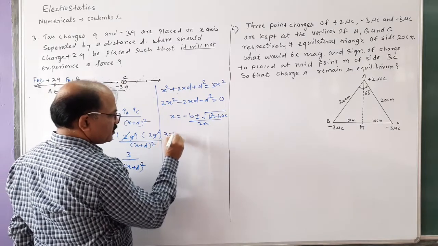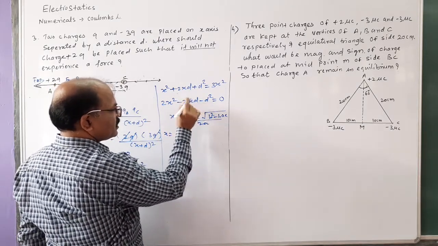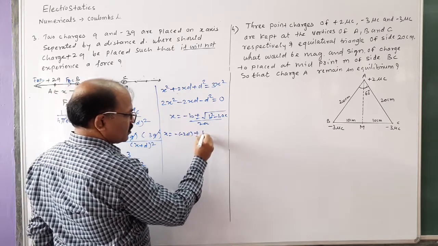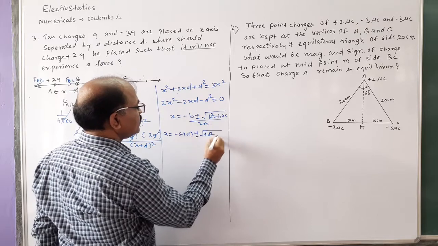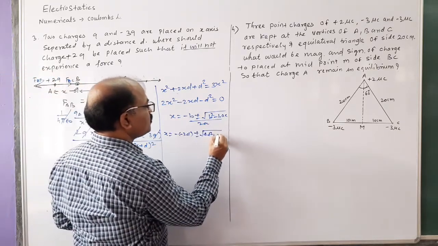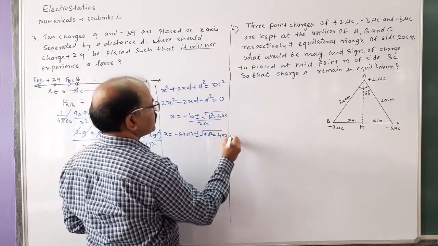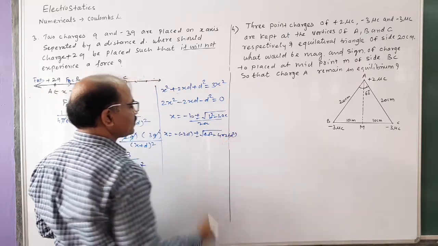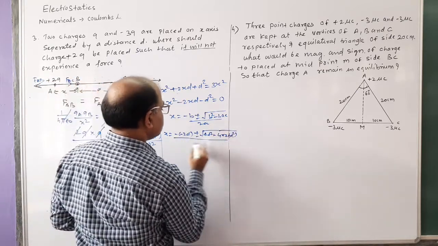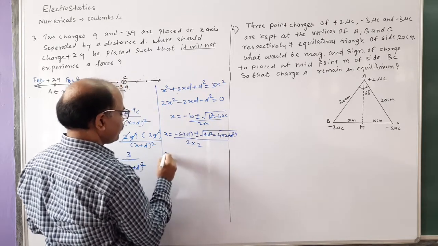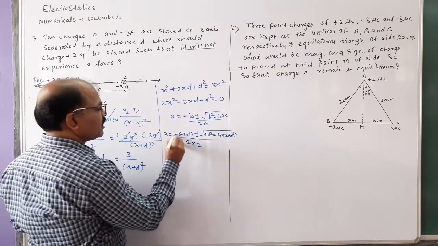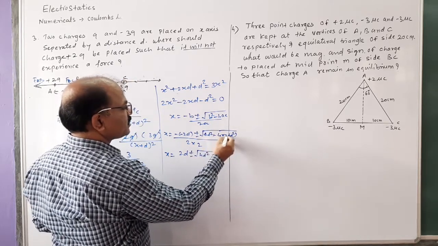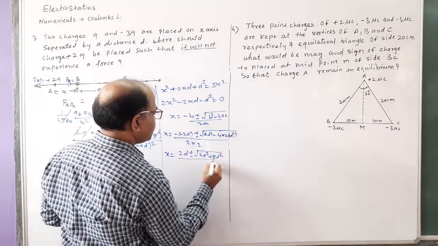Let us substitute the values. x is equal to minus b, which becomes minus minus 2d, plus minus under root b square means 4d square minus 4, a is 2 and c is minus d square, okay, this is the under root, divided by 2a, 2 into a is 4, so x equal to, simplify this, 2d plus minus under root 4d square plus 8d square divided by 4.